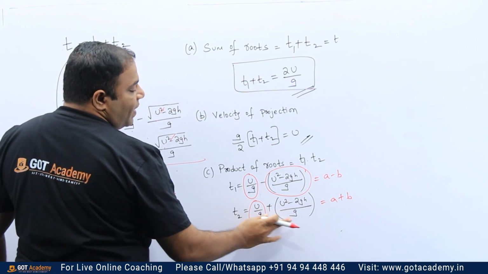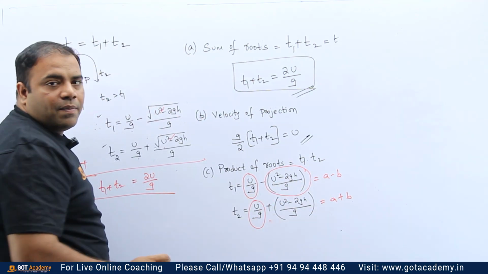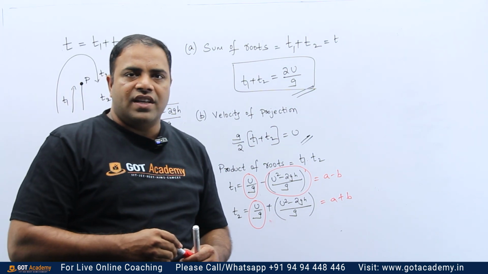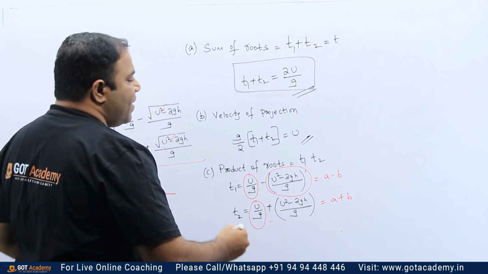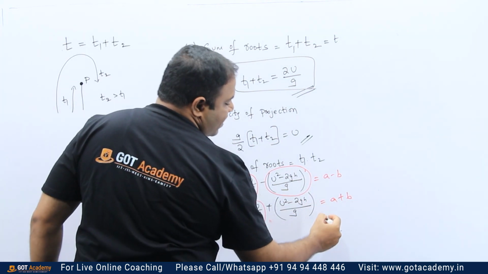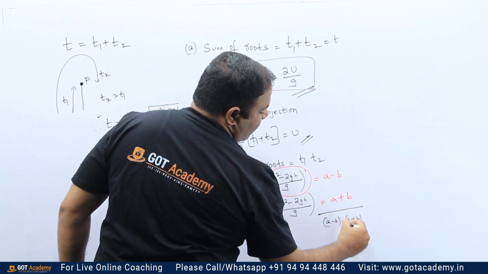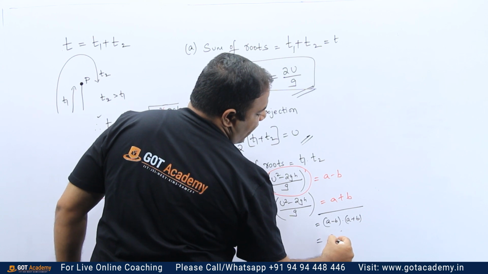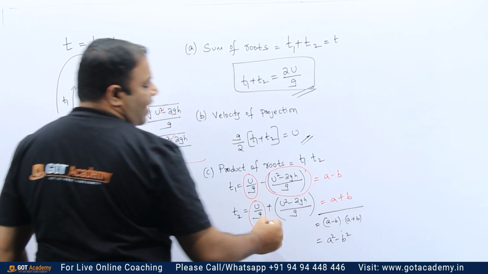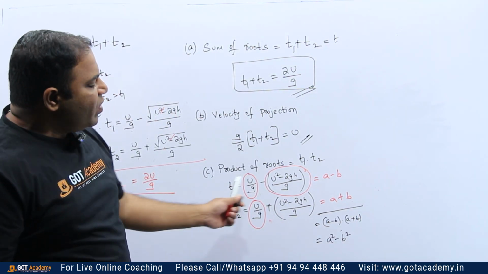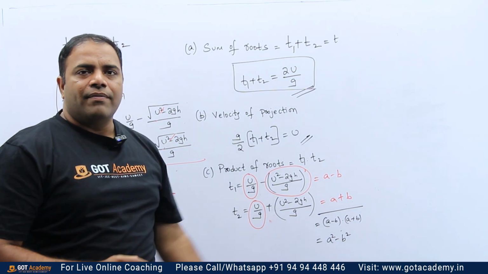If I want to multiply these two, A minus B into A plus B, which you have studied in your school education, 7th or 8th, it is nothing but A square minus B square. So instead of doing everything, why don't we write directly?